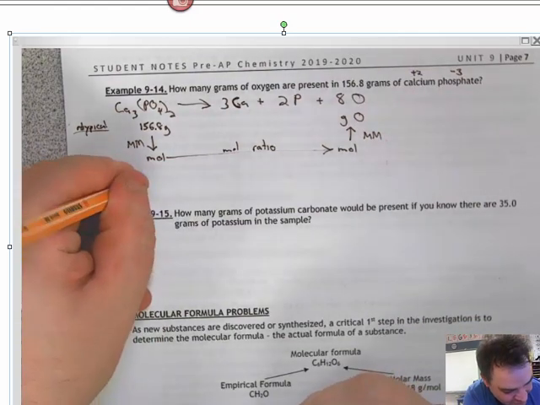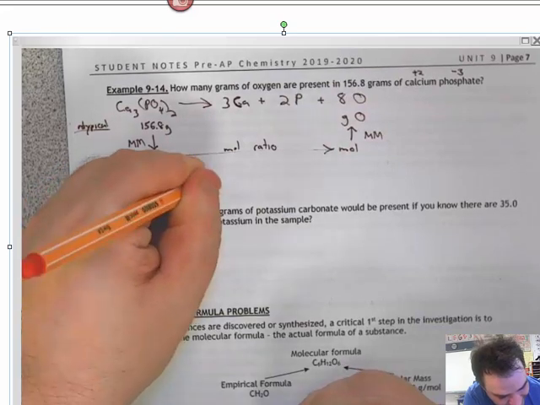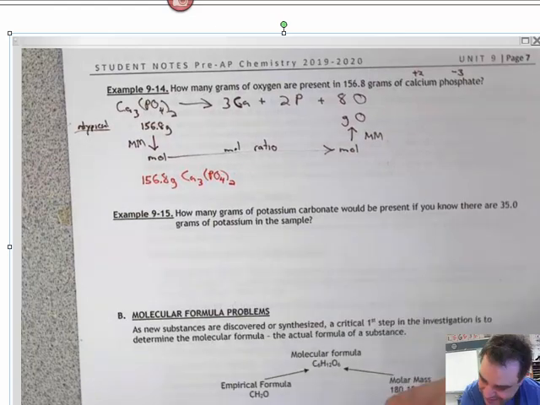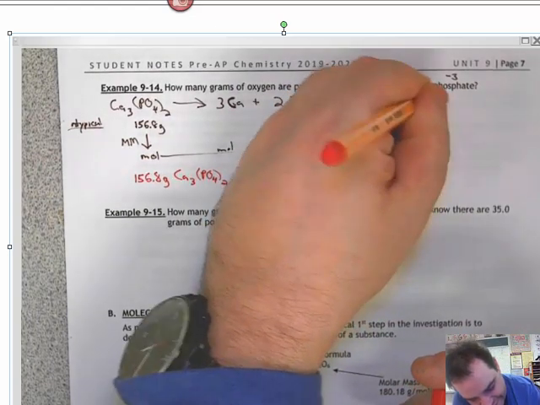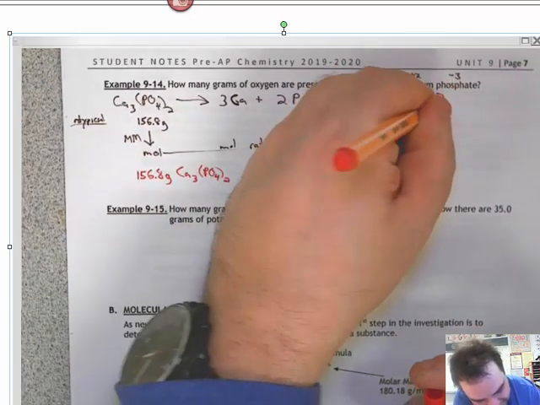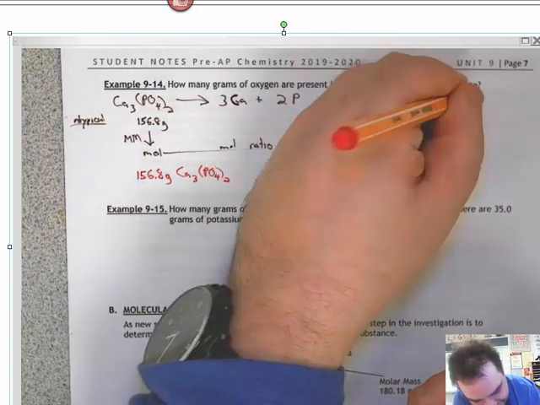Starting off with 156.8 grams of calcium phosphate. Gotta find the molar mass of calcium phosphate. 3 calciums, 2 phosphoruses, 8 oxygens.